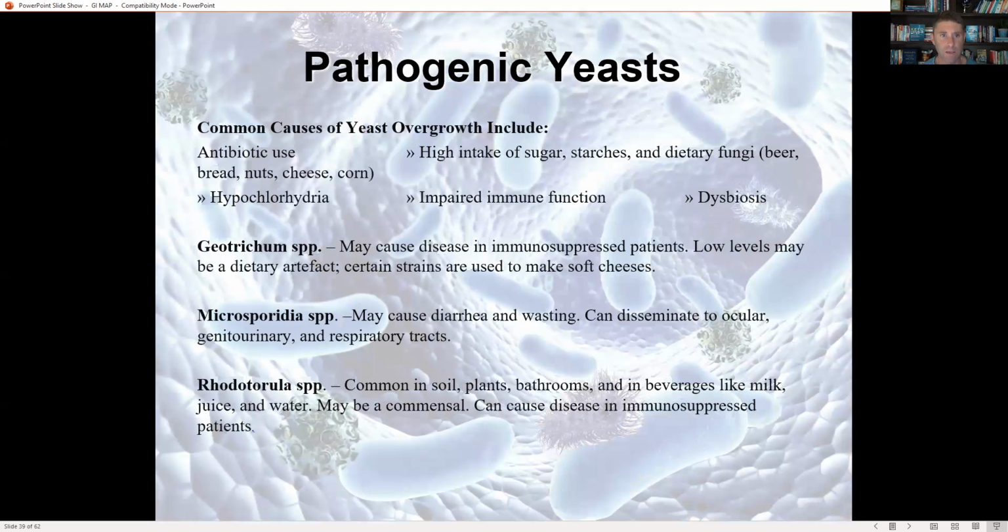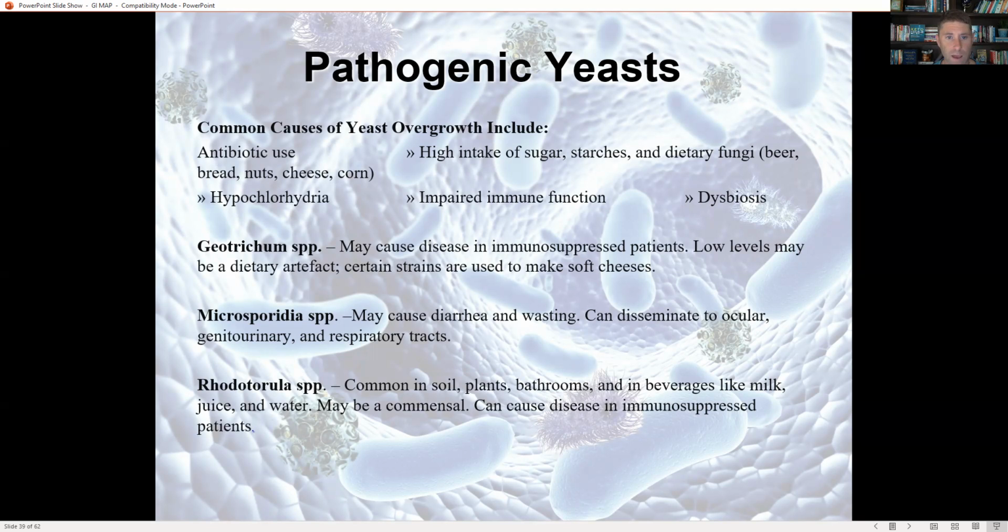So with pathogenic yeasts, when we see the yeasts high, this could be due to antibiotic use, high intake of sugar, starches, dietary fungi like beer, bread, nuts, cheese, corn. So these different mycotoxins could be in there. Low stomach acid, impaired immune function, and dysbiosis can all cause an elevation in yeast overgrowth. Geotrichum may cause disease in immunosuppressed patients, so people that maybe have gone through chemotherapy, for example.